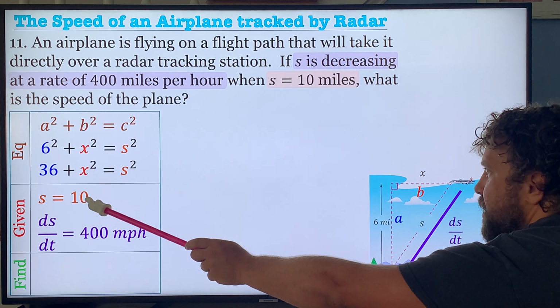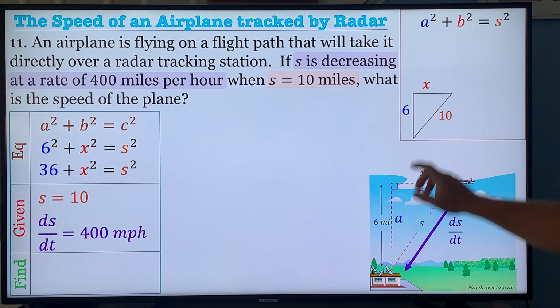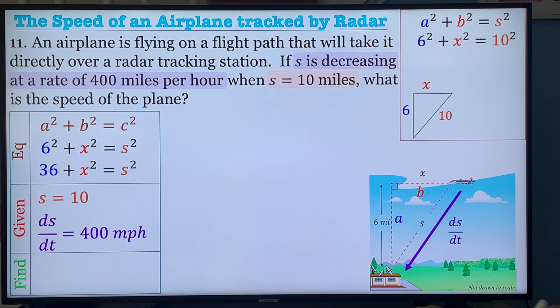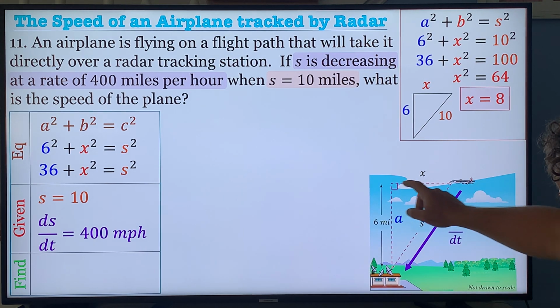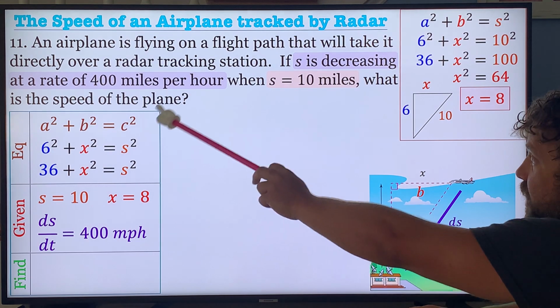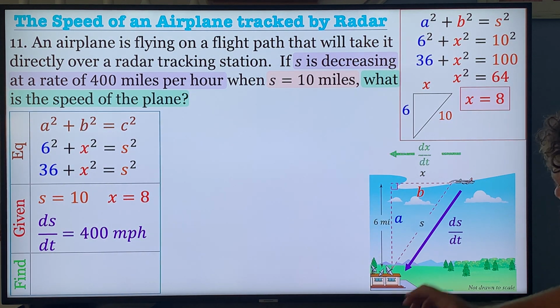When S is 10, can we find X? We use the Pythagorean theorem: 6 squared plus X squared equals 10 squared. 100 minus 36 is 64, and X is 8. So only when S is 10 miles, X happens to be 8 miles. And now what are we finding? The speed of the plane, which is going that way. It's dx/dt.